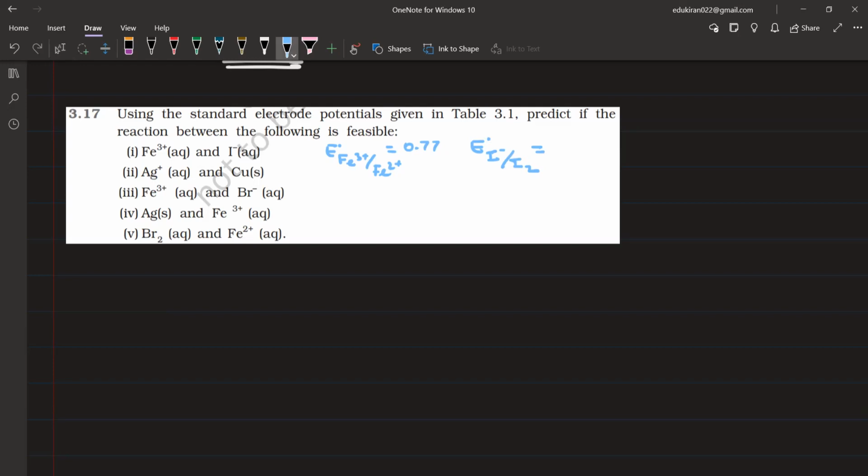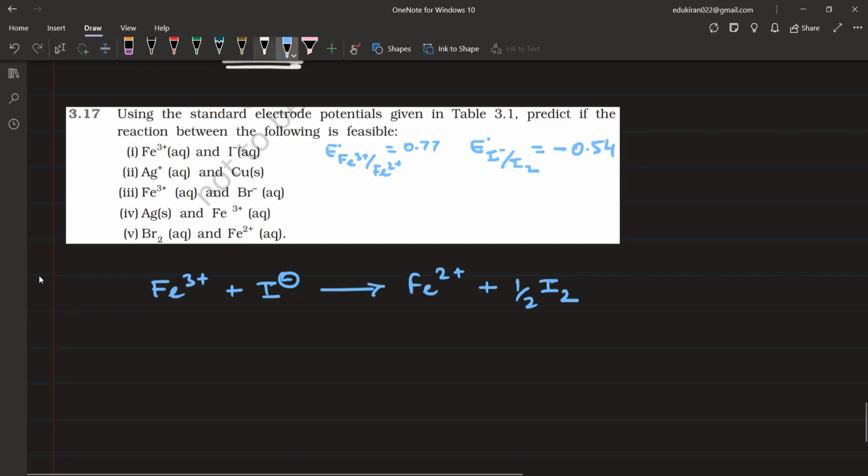Yes sir, the opposite is given for this, I2 to I negative, so this will be minus 0.54. Okay, so what will be the E naught of cell? You have a reaction like this: Fe3 positive plus I negative giving me Fe2 plus and half I2.